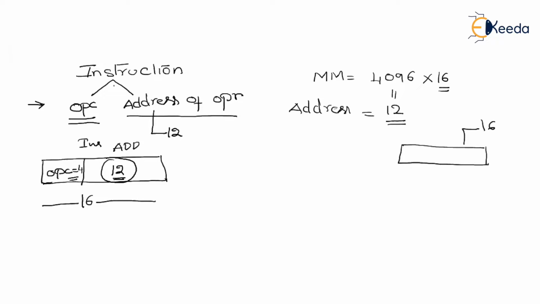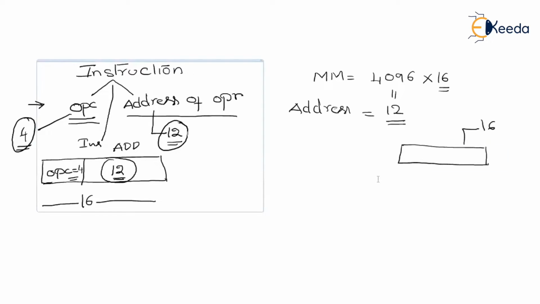So initially the instruction can be broken up into these two fields: one opcode field of 4 digits, which specifies one operation, and one address field of 12 digits, which is a memory address. Let us say that the 4-digit opcode is add.